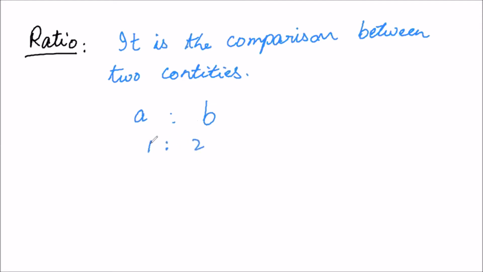It means that if A has rupees 100, then B will have rupees 200, because the ratio is 1:2. You have already learned this in previous classes. Okay.